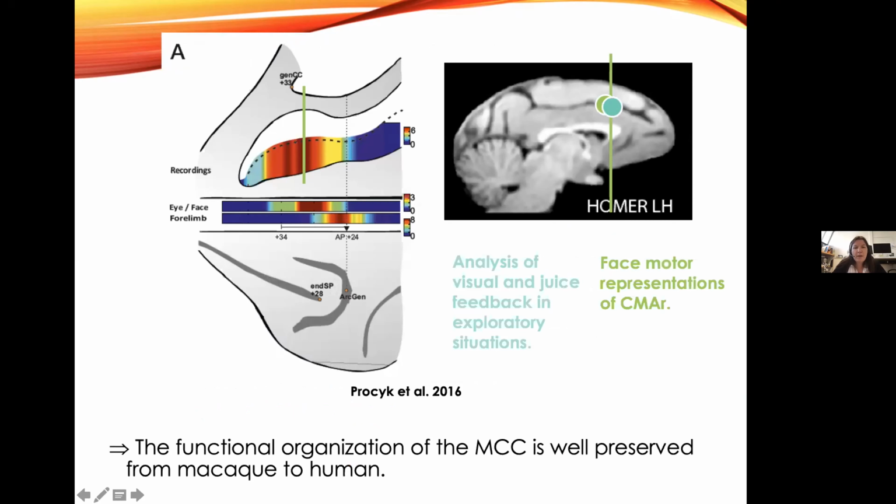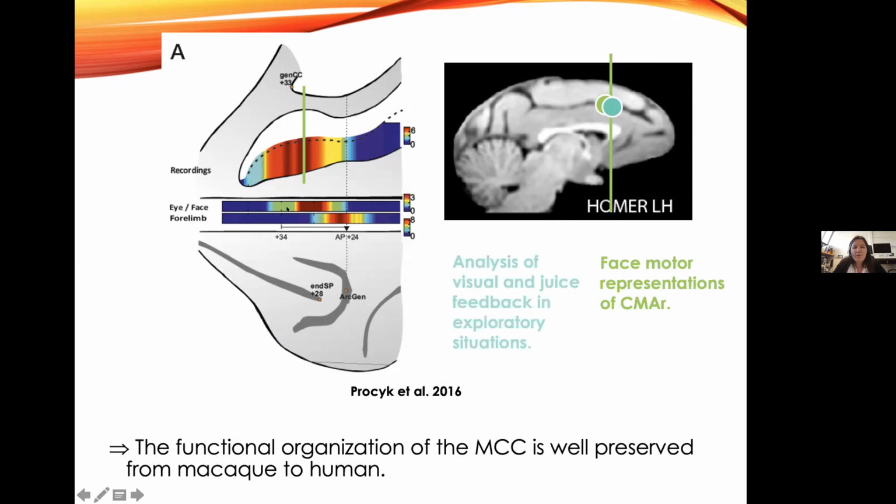We did with Emmanuel a meta-analysis of electrophysiological studies assessing the analysis of joystick and visual feedback in a similar exploratory situation. And here is the dorsal bank of the cingulate sulcus. These areas here correspond to where we find this type of activity in the literature. We also did a meta-analysis of anatomical studies and electrophysiological and stimulation studies assessing where the face motor area of the rostral cingulate motor area is located.